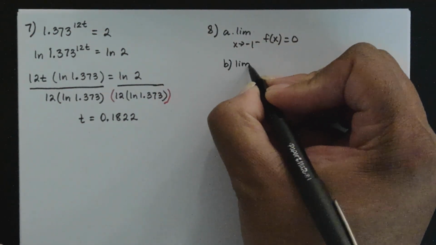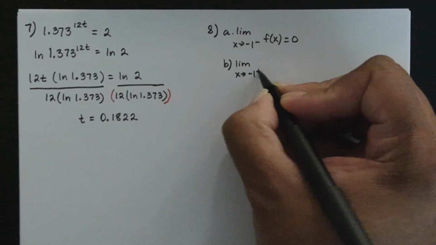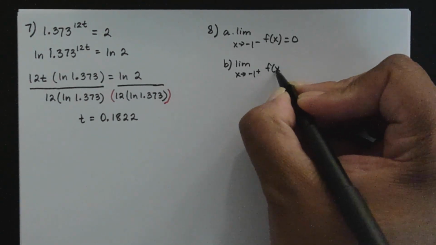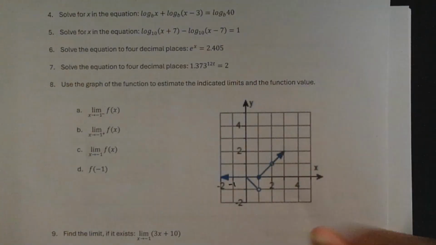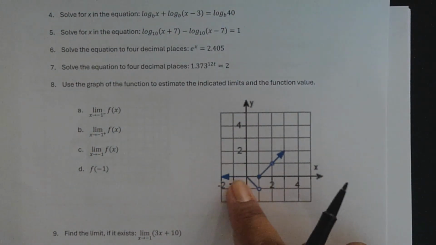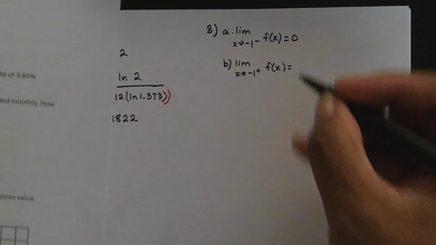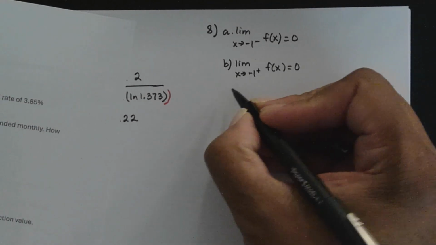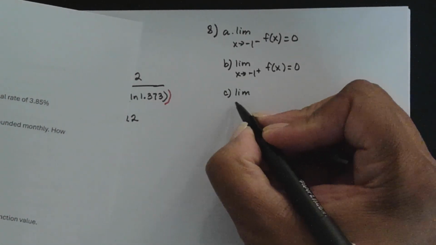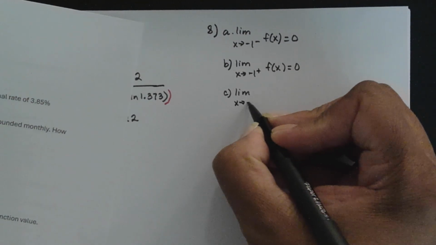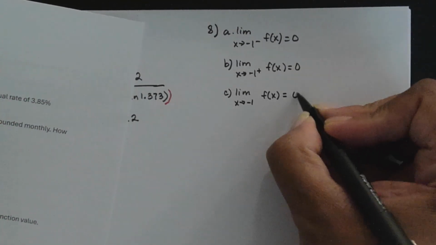Now what about the limit as x approaches -1 from the right of f of x? It is also 0, because as we come in from the right of -1, we're getting closer and closer to 0. We're approaching 0. And what would be the limit as x approaches -1? Also 0.